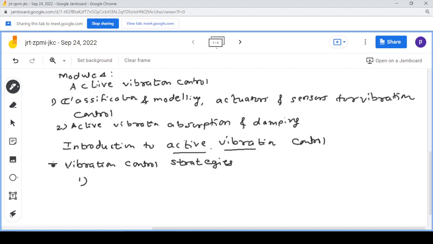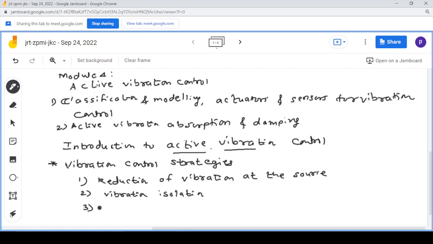Which are the vibration reduction techniques or vibration control techniques? The first is the reduction of vibration at the source. Then second is vibration isolation.